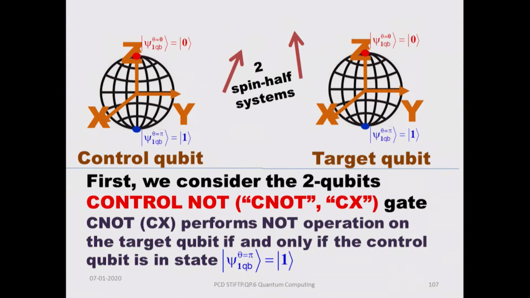It does nothing to the control qubit, it is going to operate only on the target qubit, but if and only if a certain condition is satisfied by the control qubit, which is why it is called a control qubit. The condition is that it must be in the state 1, which is actually at the south pole of the Bloch sphere. Under that condition, it will perform an operation on the target qubit.